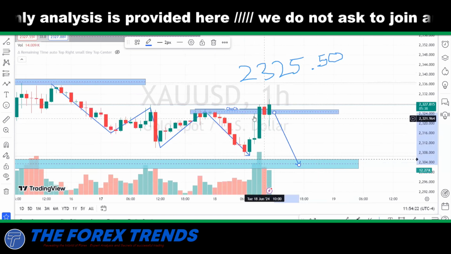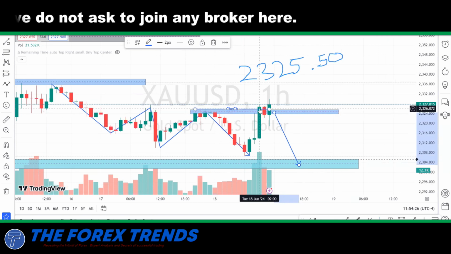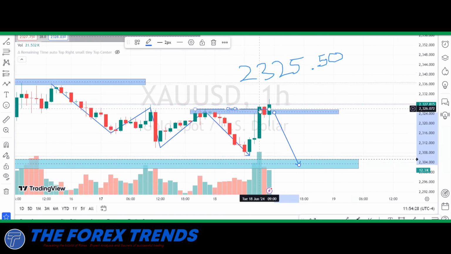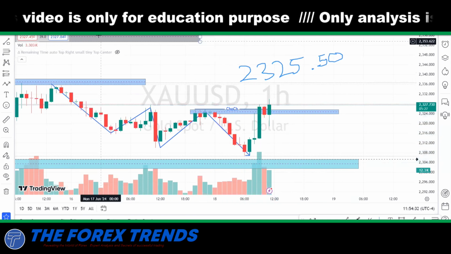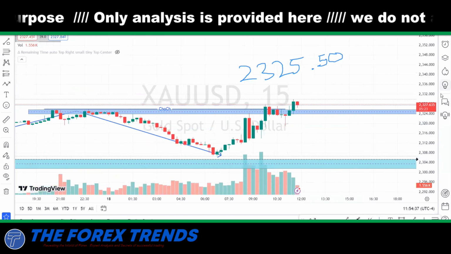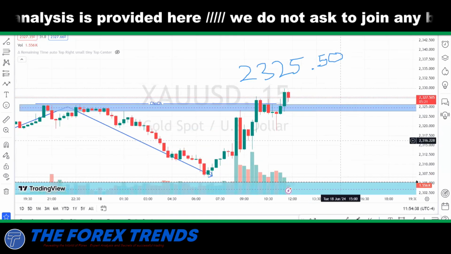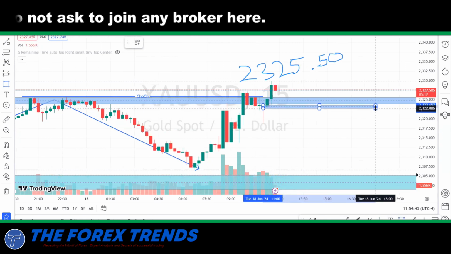If the market closes above this price, that is 2325.50, then we will shift to 15 minutes, and look, this is a demand zone. This is a good demand zone.